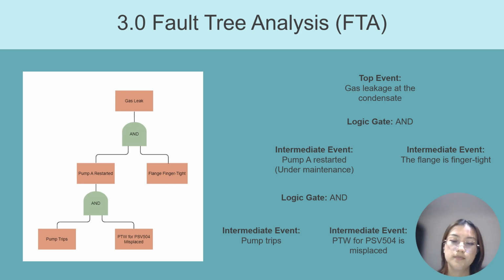As for the pump A restarted under maintenance event, it is connected with two intermediate events, where the first one is pump trips, and the second one is PTW for PSV504 is misplaced. Both of these are connected with logic gate AND.